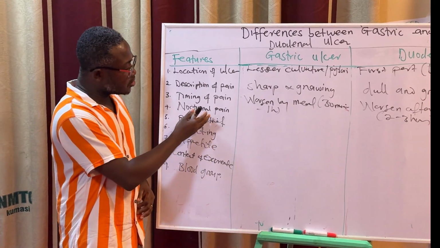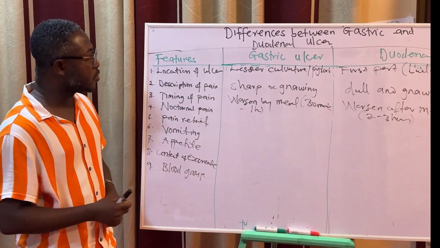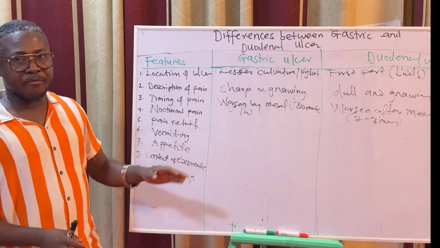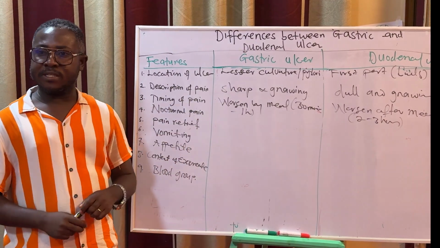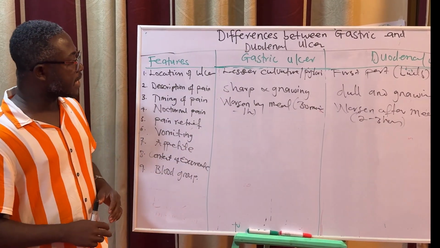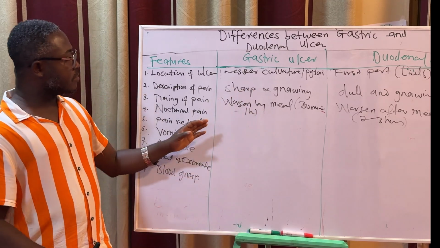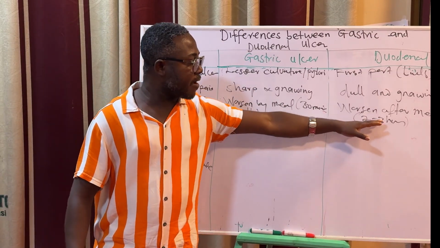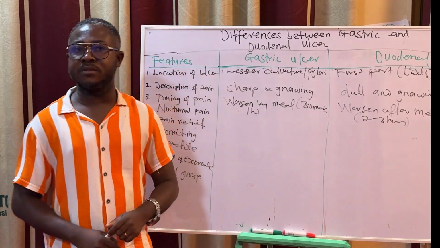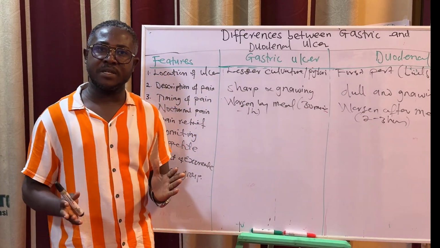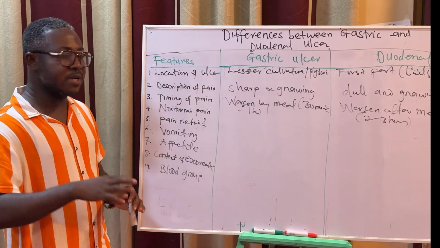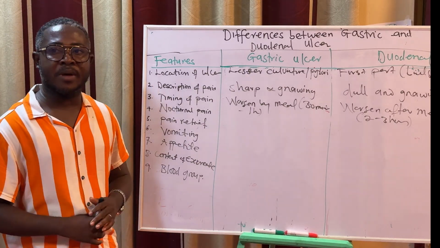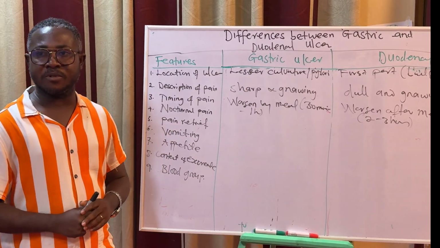Then now, let's look at which of these patients will be waking up from bed by the ulcer pain. And so we said that in duodenal ulcer, patients experience pain after 2 to 3 hours of meal. And we all know that when you are sleeping, you are not eating. And so during that moment, the patient is not getting this alkaline substance into the duodenum, and that means that the patient is going to experience pain.